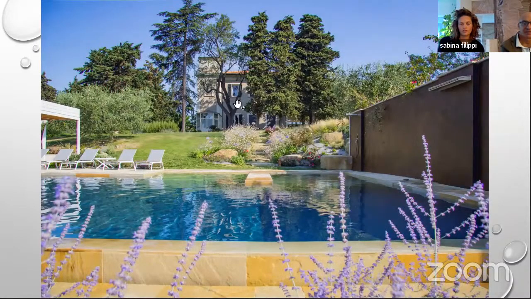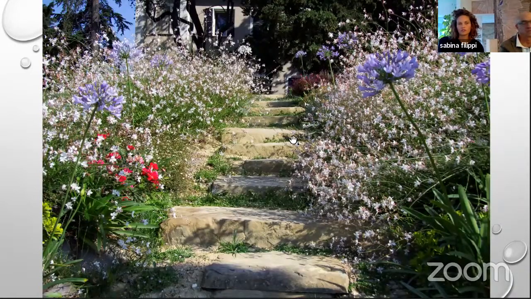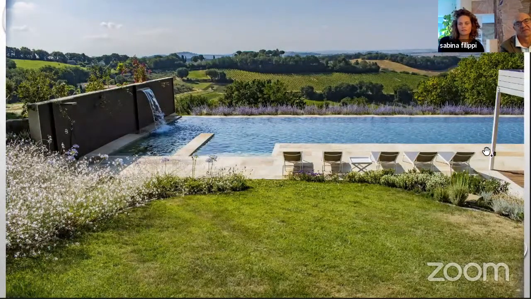Here we have a view of the house, the stair that we saw also before. This is the solarium area, and you can appreciate the dark color of the pool thanks to the gray PVC that we used. The wall is made of concrete, but we used a curtain paint effect.